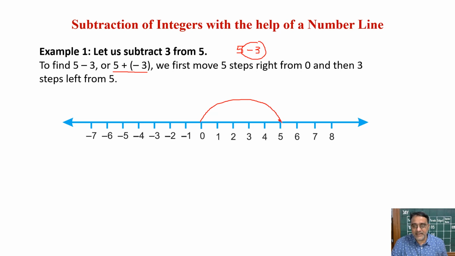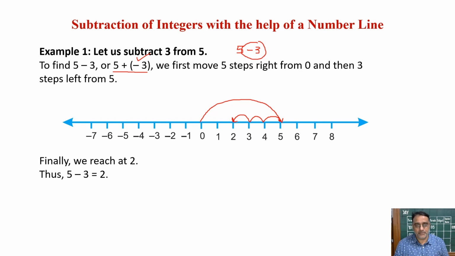Okay, and from 5 now we have to add a negative integer -3. So we have to move left or right? माइनस ऐड कर रहे हैं इसमें. So we move left side. 1, 2, 3. So what is the answer? Where we reached? We reached at 2, right? So therefore 5 minus 3 is equal to 2.